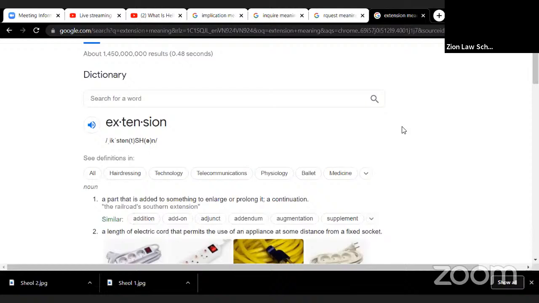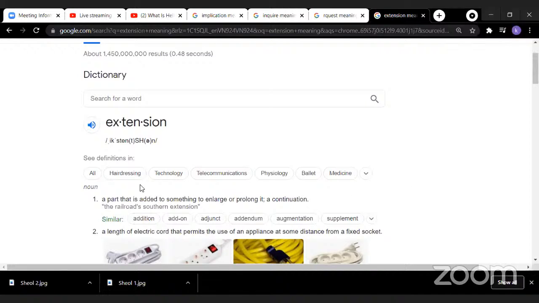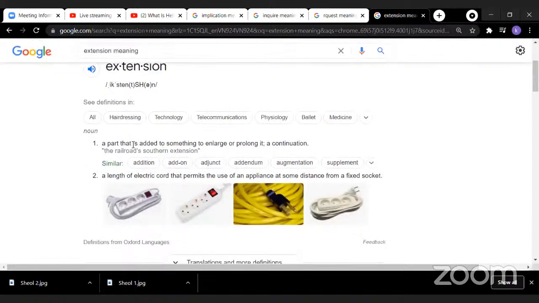We're reading analytically. Does someone want to present this one? Lewis? Extension: a part that is added to something to enlarge or prolong it.